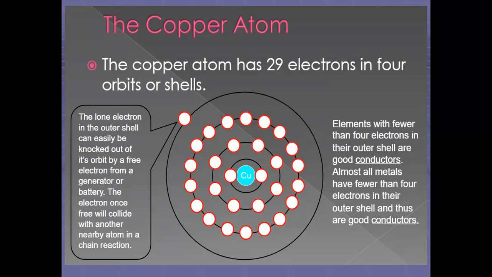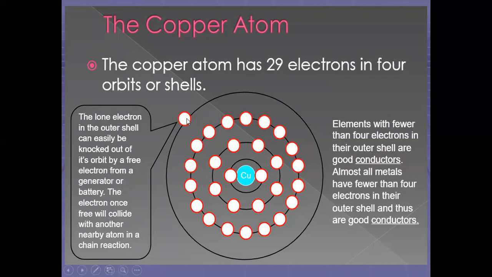Now, usually in an atomic orbit, if there are 8 electrons, then it is quite enough to be neutral, and no electron can go out or come in. So they are stable, which means they can be insulators. There cannot be any movement of electrons.